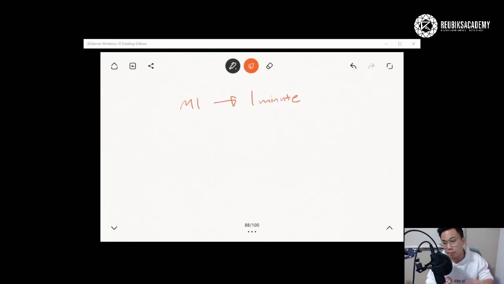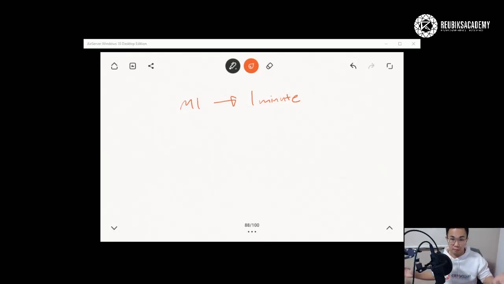When I say 1 minute, it means that each candlestick that you are about to see on the chart is there for 1 minute. After 1 minute, the current candlestick will stop moving. It will become stagnant and the next candlestick will appear.